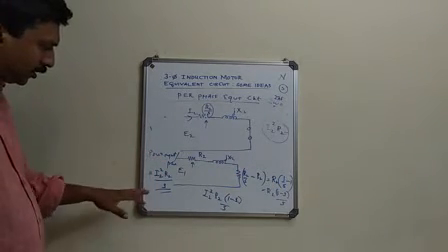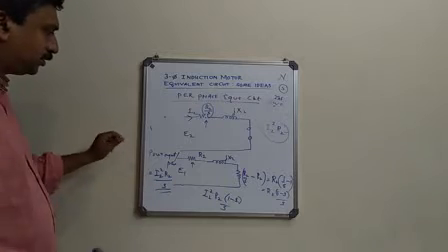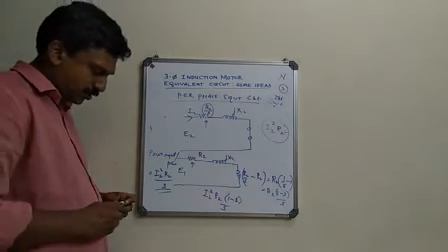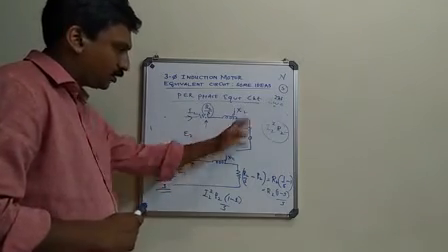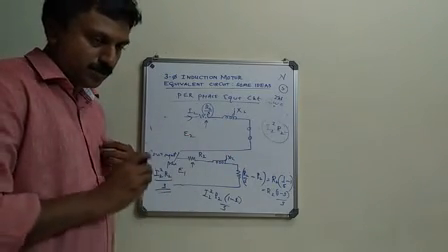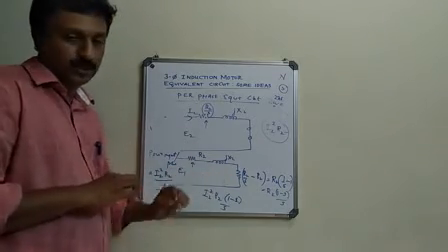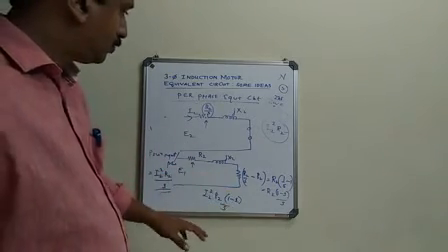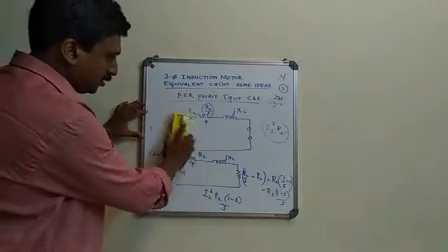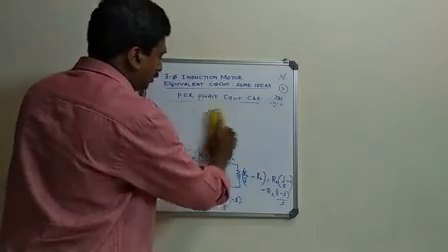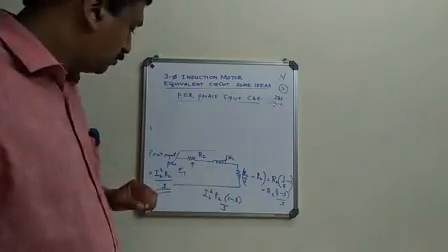So this is how you find the relationship between the load and the rotor resistance. The rotor resistance is related to load by this relation. I think this is understood. So you can write down the ratio of how it is related.